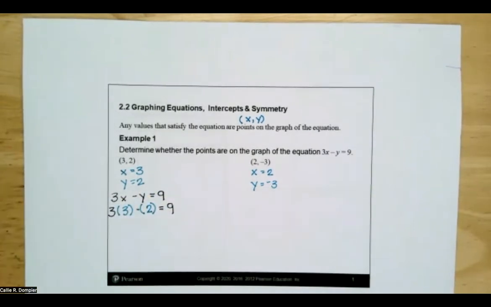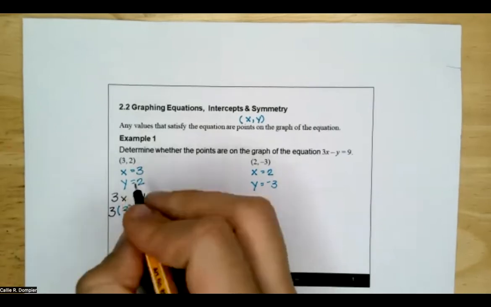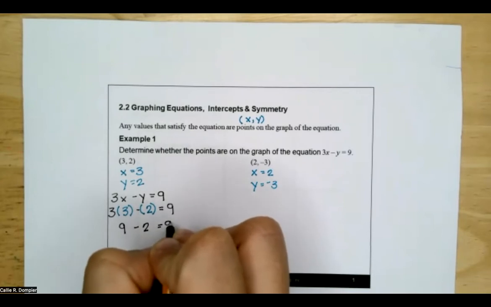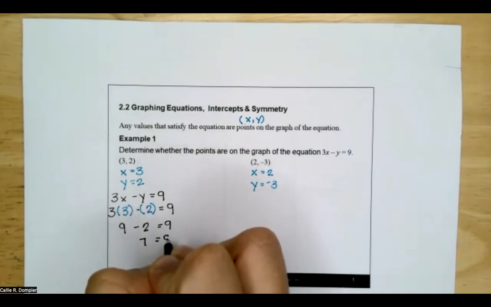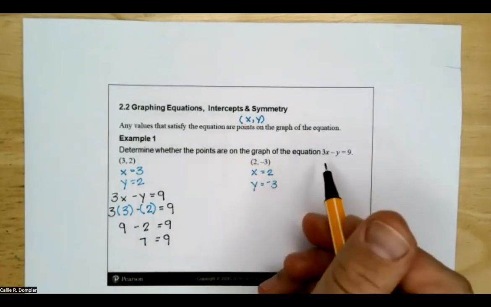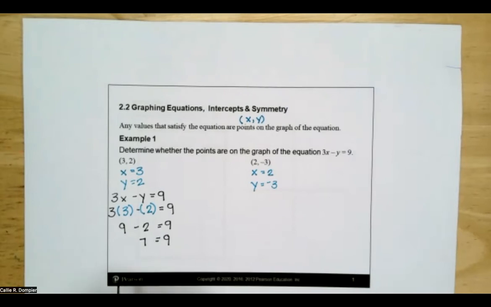That's what they're asking you to do. So we can solve it. 3 times 3 is 9, minus 2 is equal to 9. That's not true. So we would say these points do not satisfy the equation. They are not on the graph.